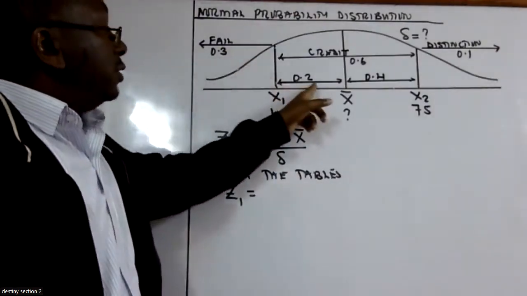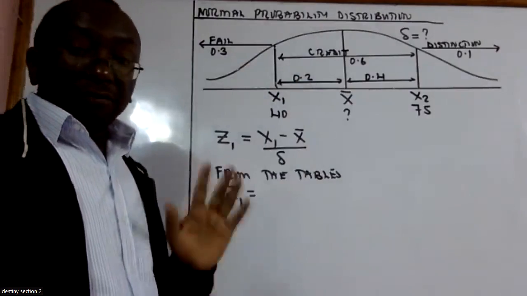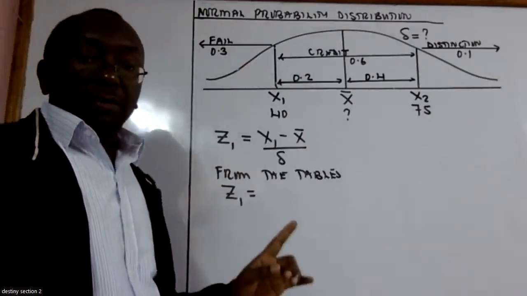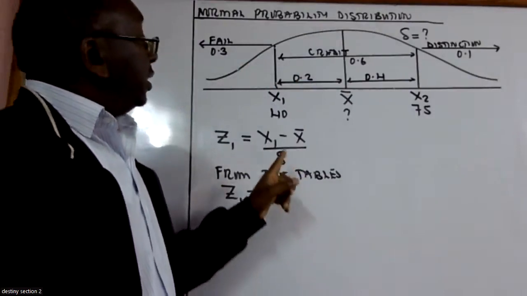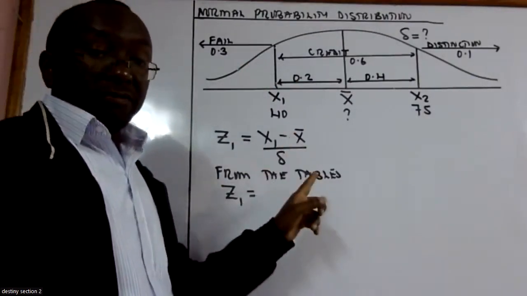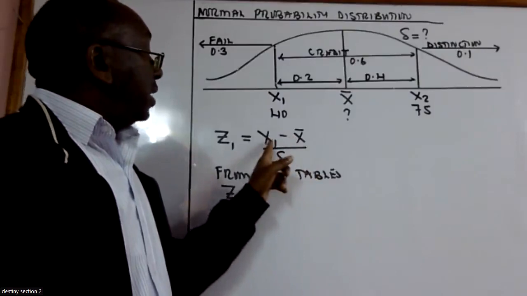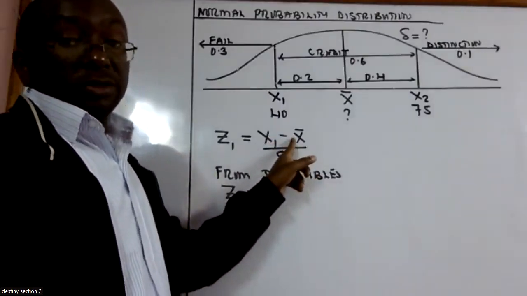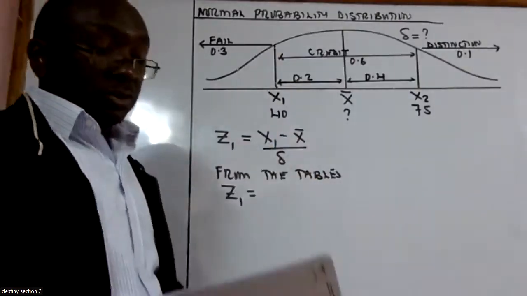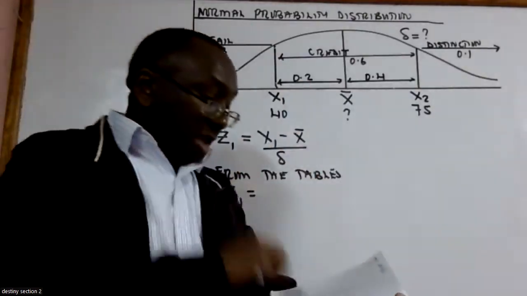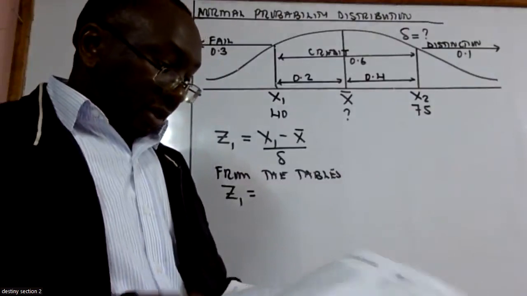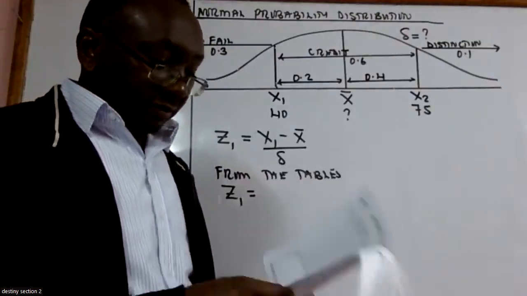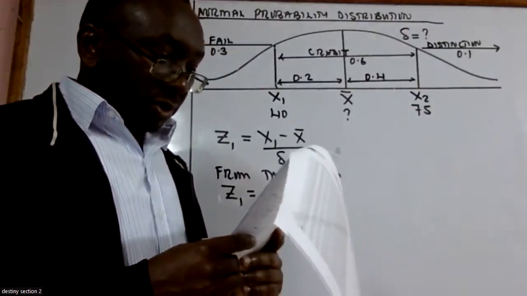We will go to look for 0.2. I've always told you when you read from the table, the value that you are getting is always the probability of the space between your X1 and your X bar. So we will look for 0.2. So get inside the normal tables, look for 0.2. Inside the normal curve, look for 0.2.